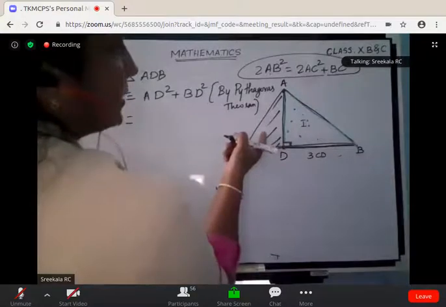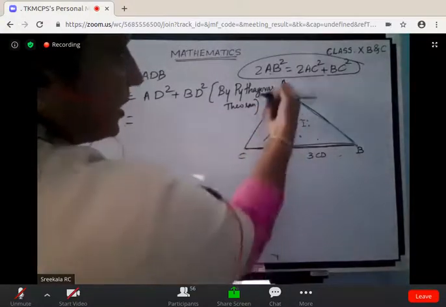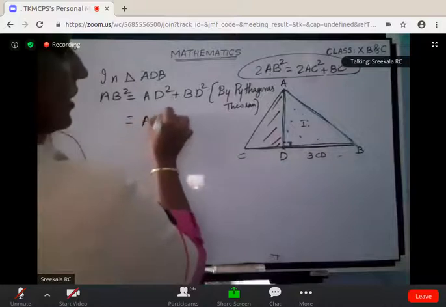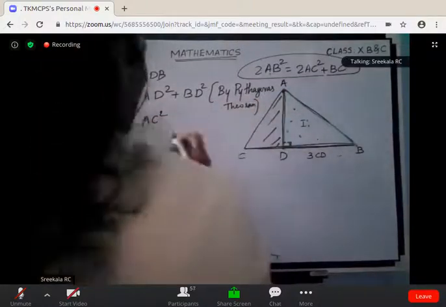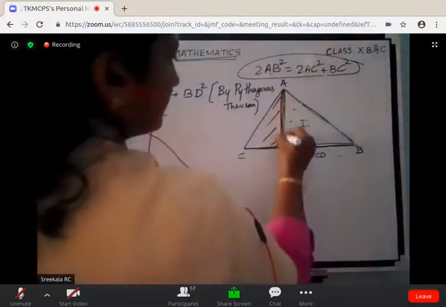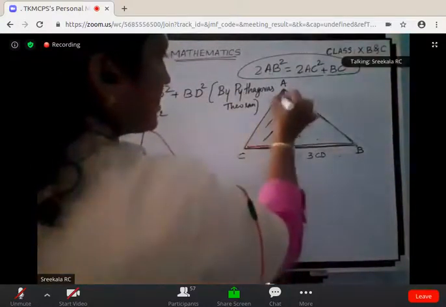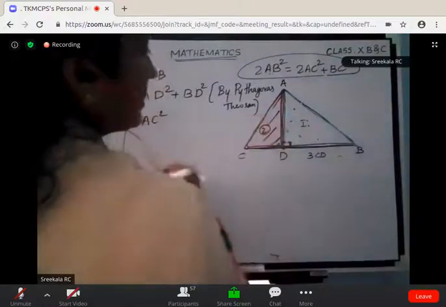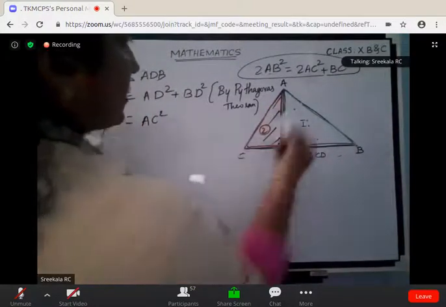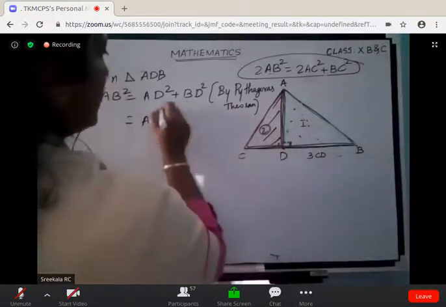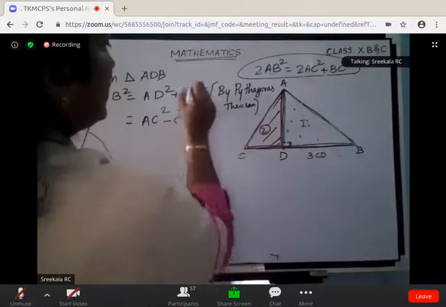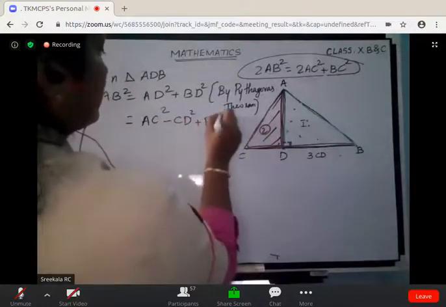So here AD square, in this right triangle, AD square means altitude of this triangle. Consider the second triangle. AD square equal to hypotenuse square, AC square minus CD square plus BD square, right, as it is.